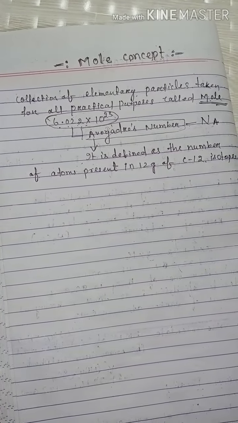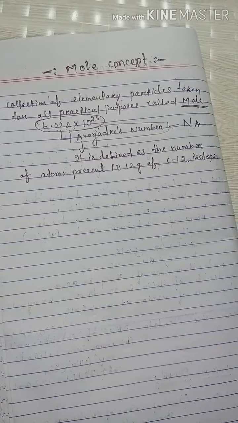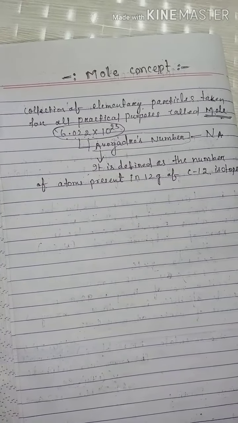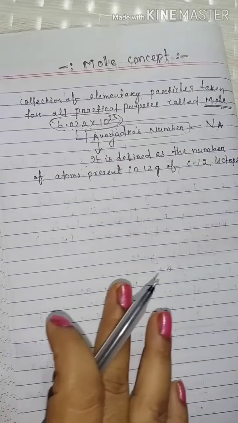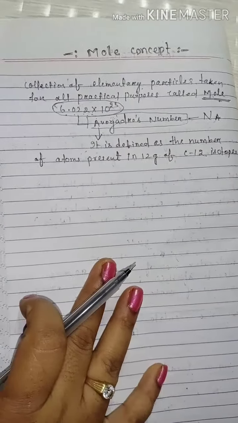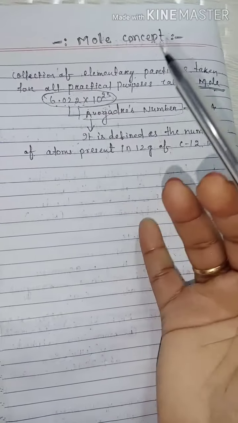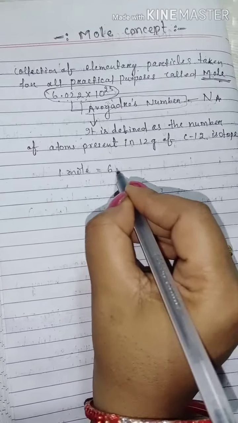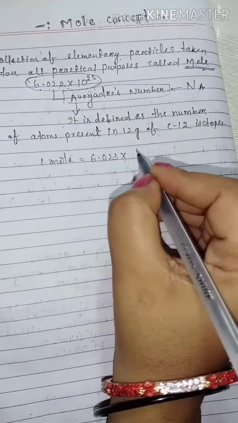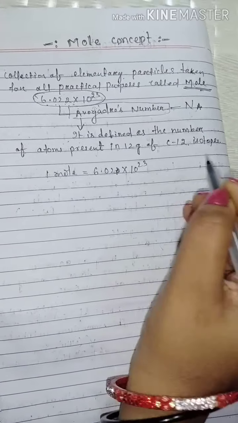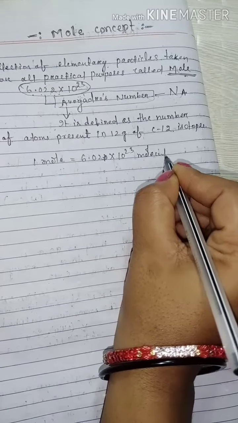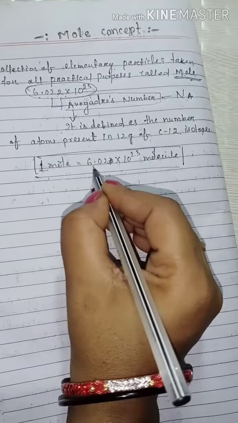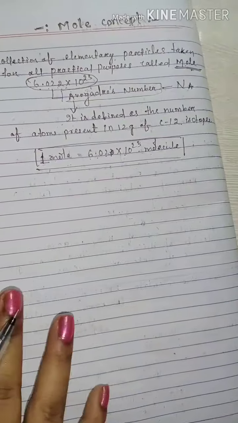Clear, students? Next, another thing I want to tell. If anything is not specifically mentioned, then you can take 1 mole equal to 6.02 × 10^23 molecules.